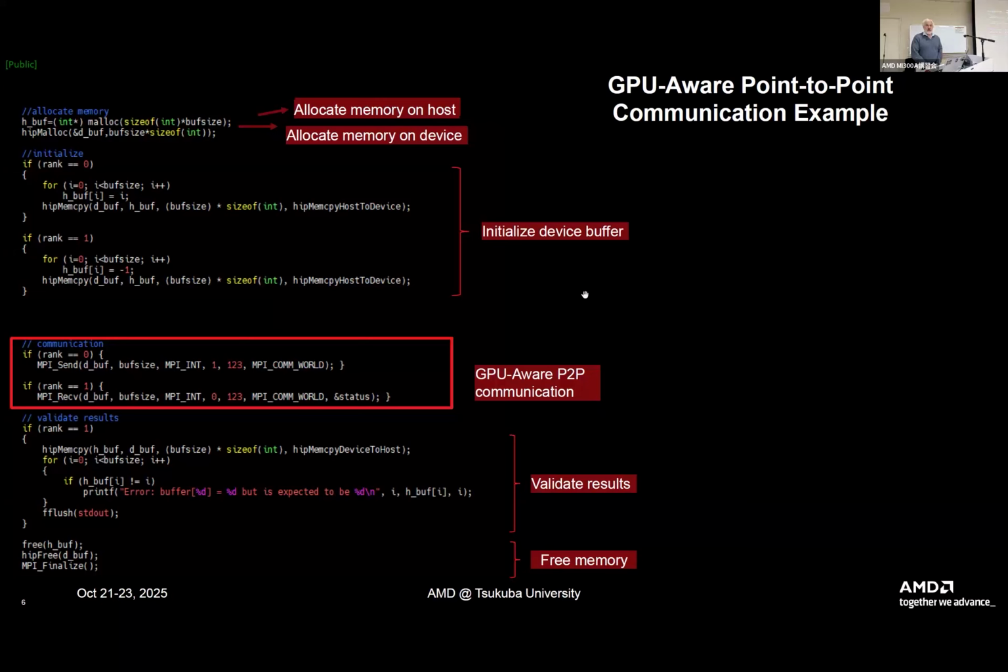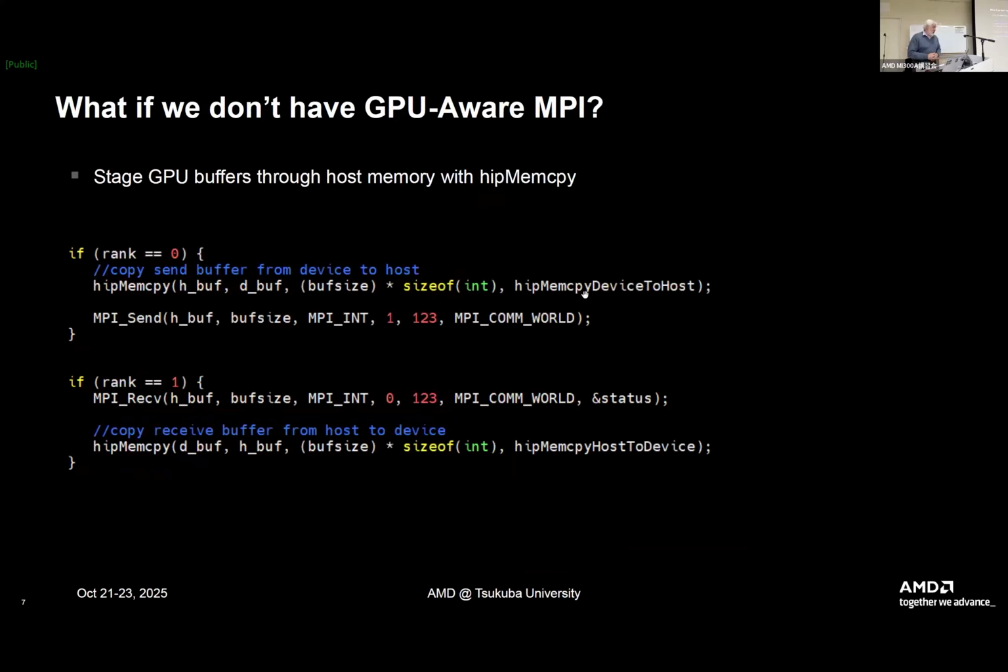So it depends on how you allocate the memory. And I haven't been able to figure out how to verify what it's actually doing. So if we don't have GPU-aware MPI, we have to copy the data back to the host and then send it. So this can be much slower.